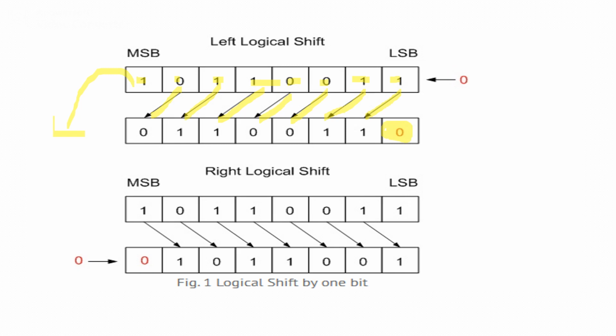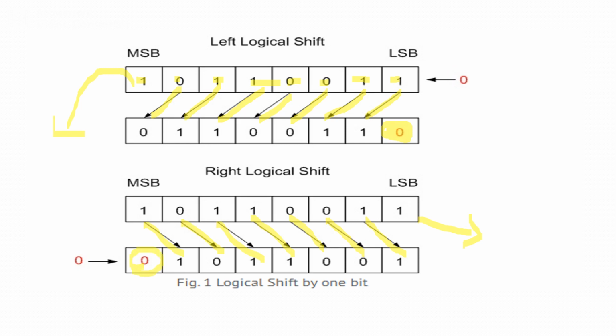Similarly, we can perform logical shift right, and the counter value is 1 once again. This one will be omitted, neglected, and the others will come to the previous location, giving 0, 0, 1, 1, 0, 1, and the vacant location is filled with 0.